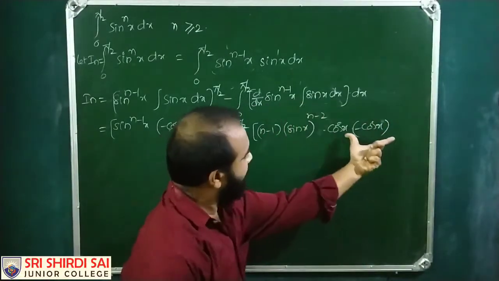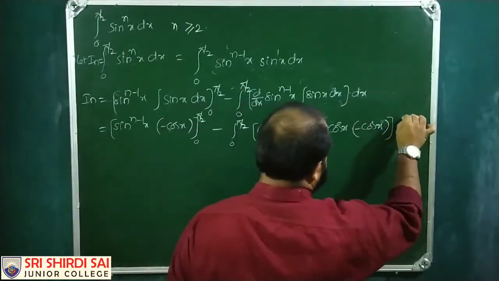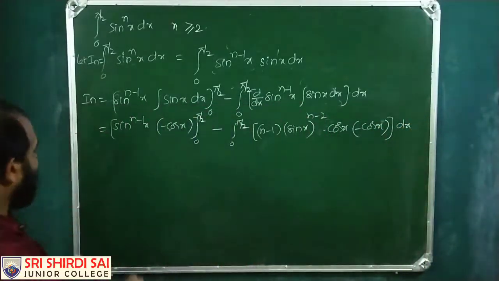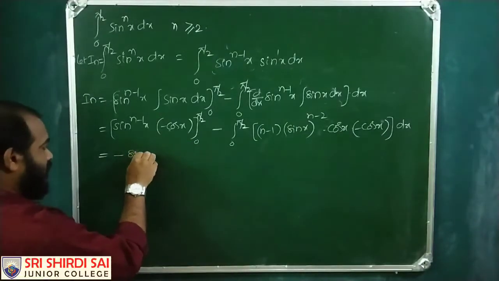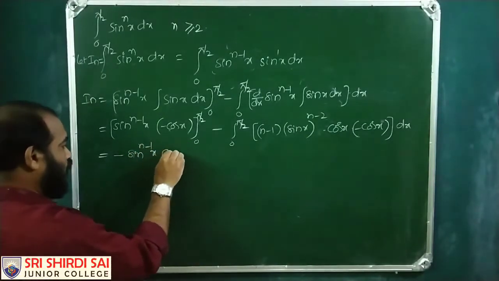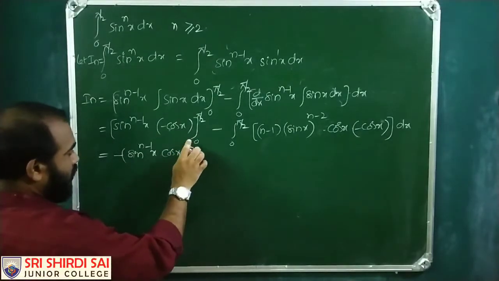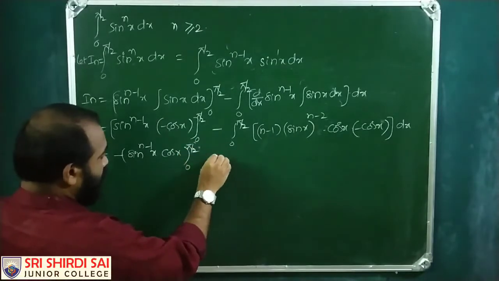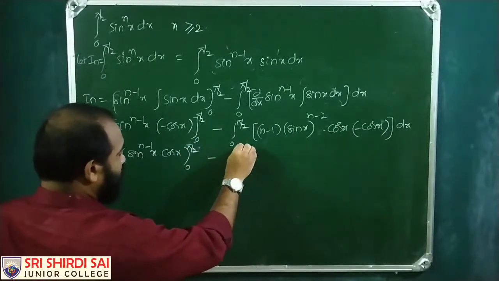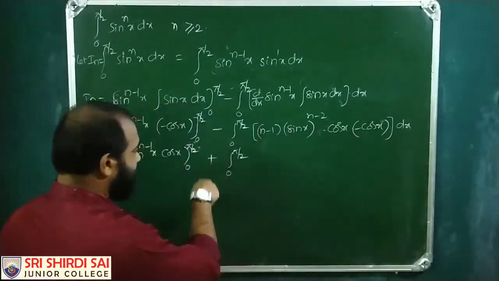Integral sin x dx is minus cos x. So the bracket of into dx as usual. This is equal to minus sin power n minus 1 x into cos x from 0 to pi by 2, minus integral 0 to pi by 2. Minus into minus is plus.